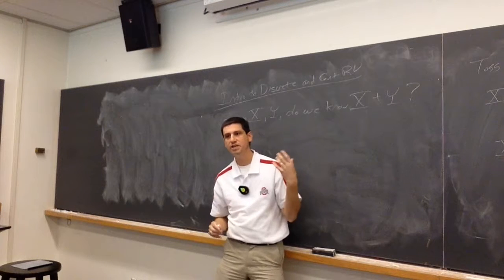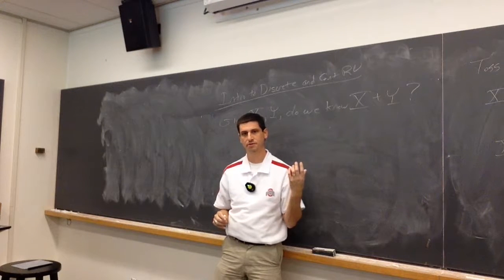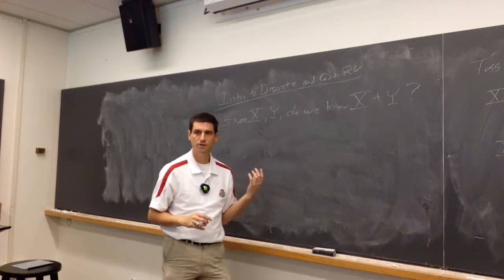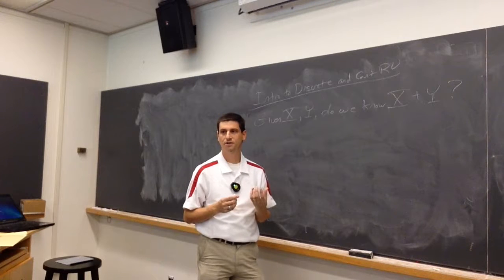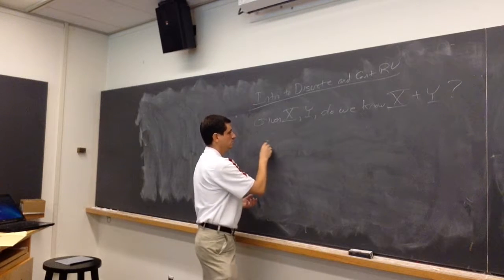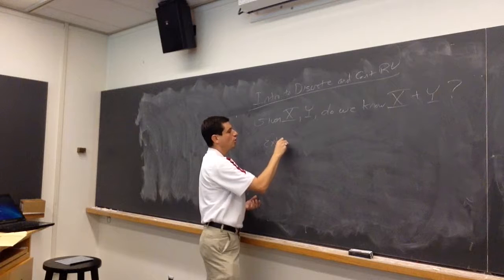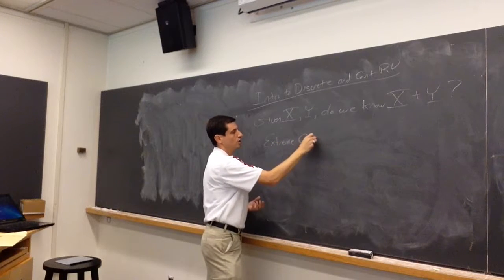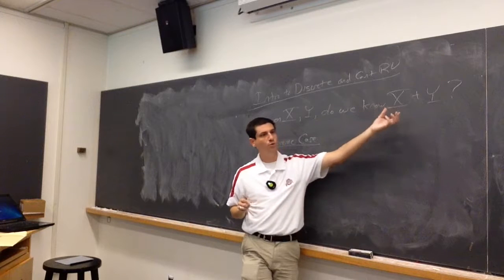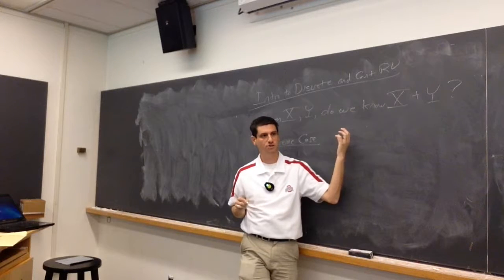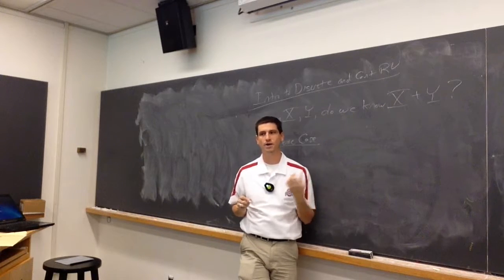What are some extreme cases we could look at? Give me an extreme choice for y. Well, if y is always 0, it's not going to be too bad. The extreme values for y should somehow be related to x. What would be a good choice for y?